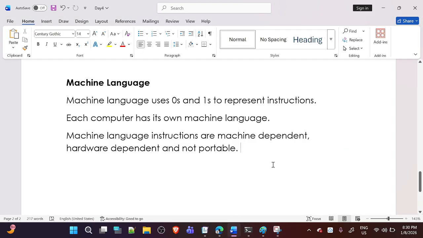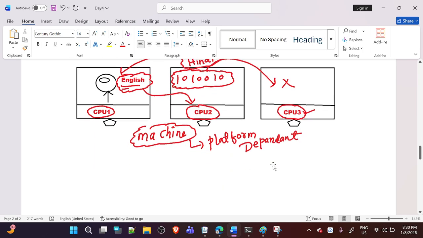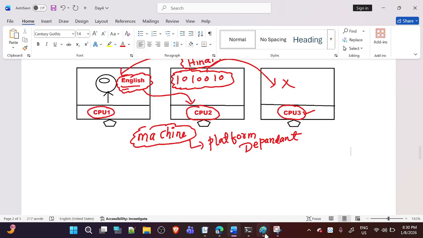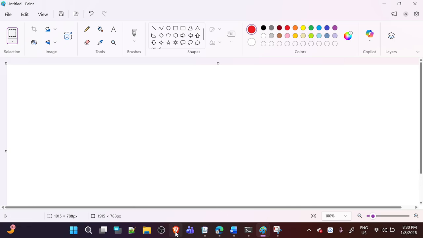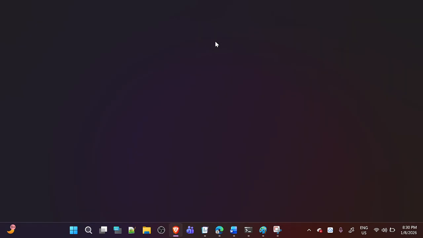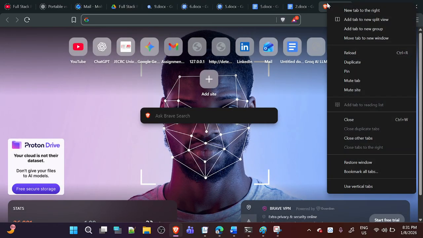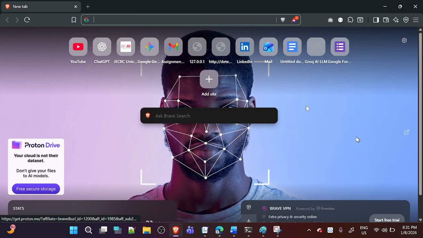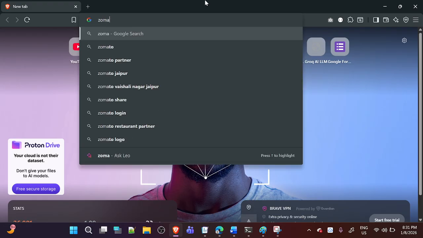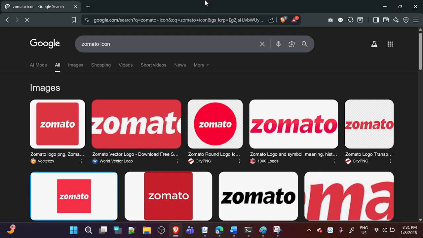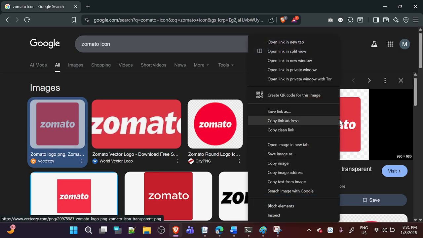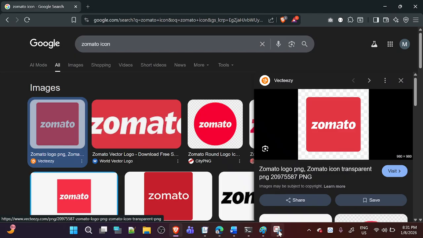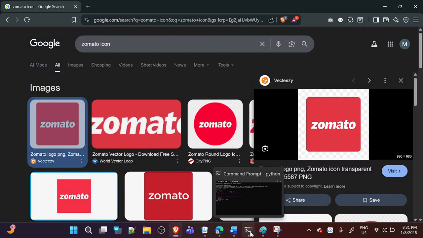For example, I'll give you an example. Let's suppose you want to create the Zomato application.